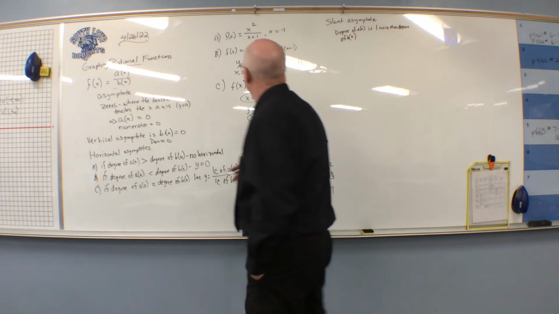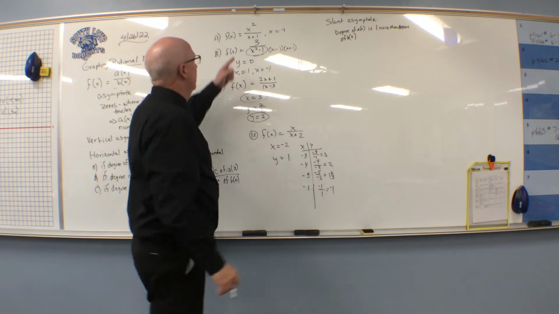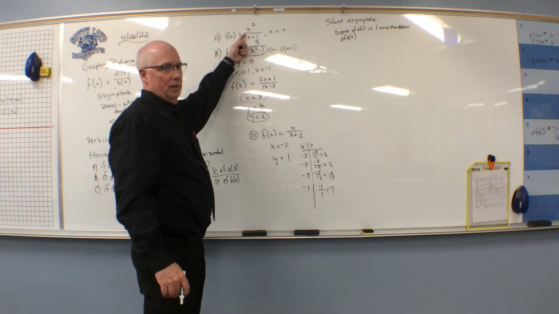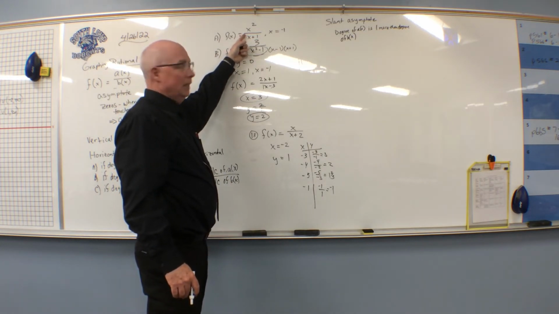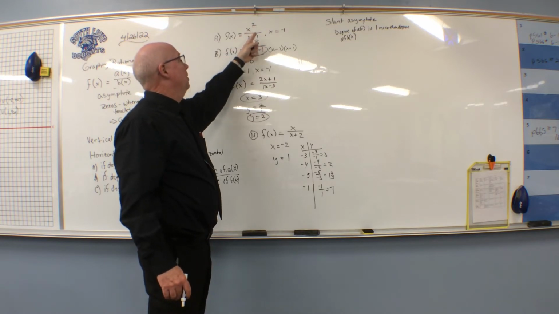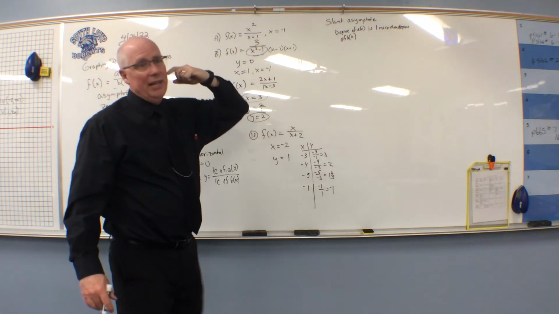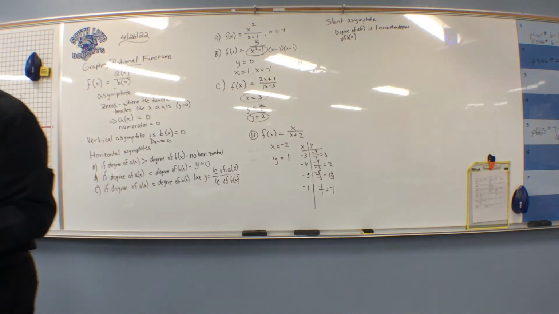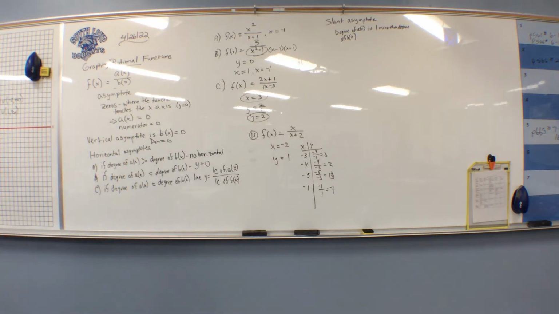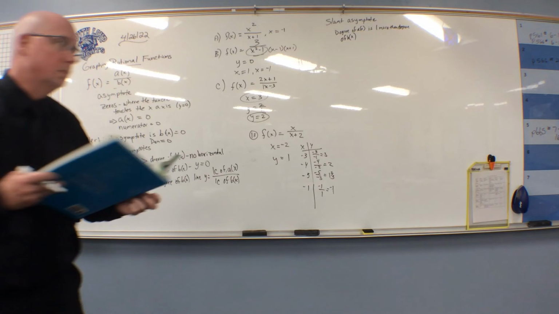So, right here I said there was a slant asymptote, because this degree is 2 and this degree is 1. So anytime it's 1 greater, okay, let's take a look at this example right here.